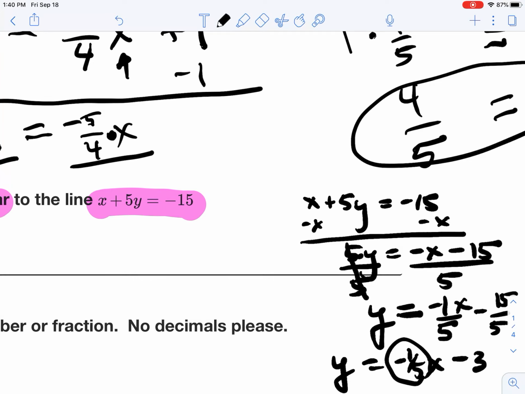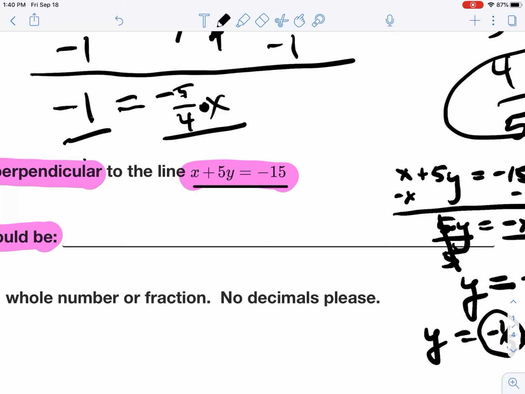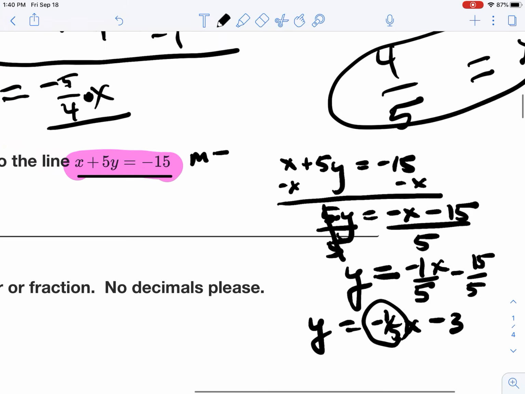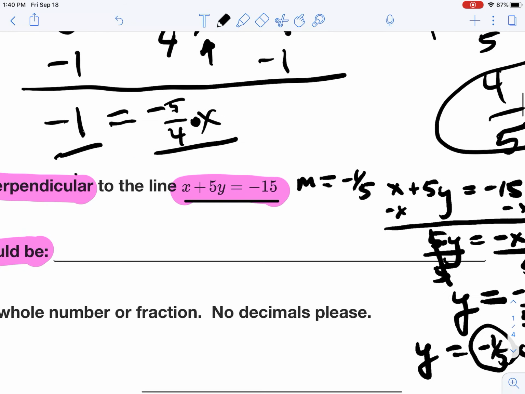This is the slope of the line that we started out with. But we want the line perpendicular to it. So I know that the slope of this line is negative 1/5. But if I put that in here, I would be incorrect, because remember, perpendicular lines have negative reciprocal slopes, or negative inverses.